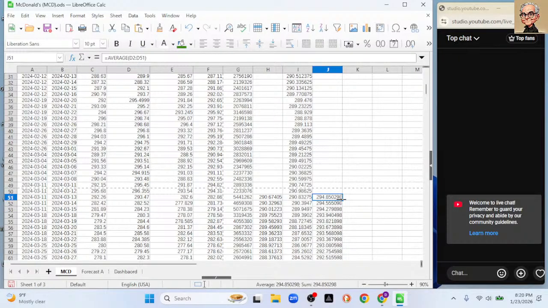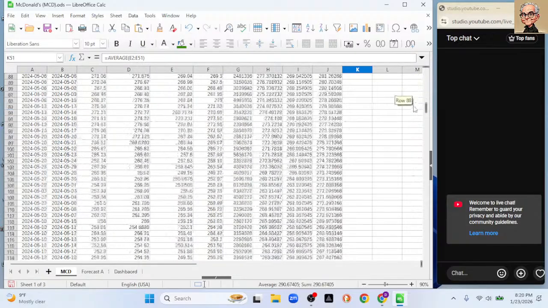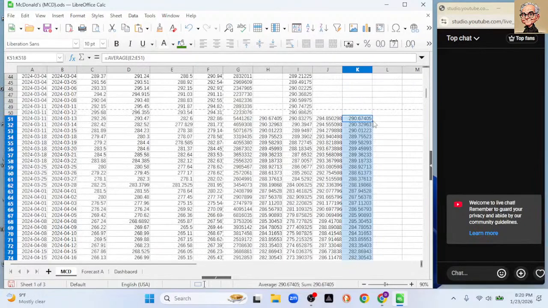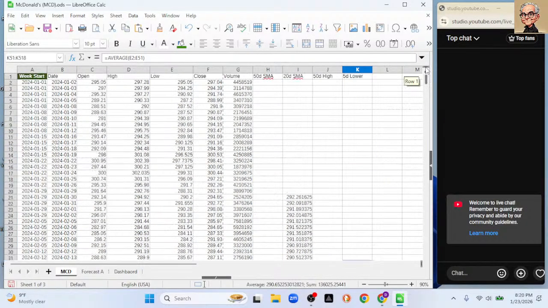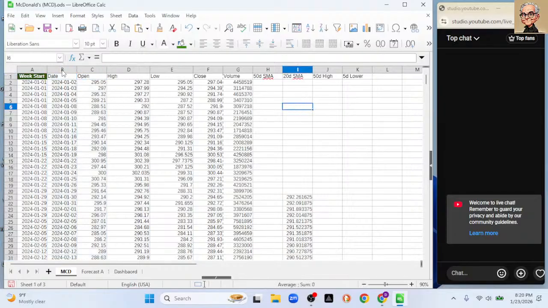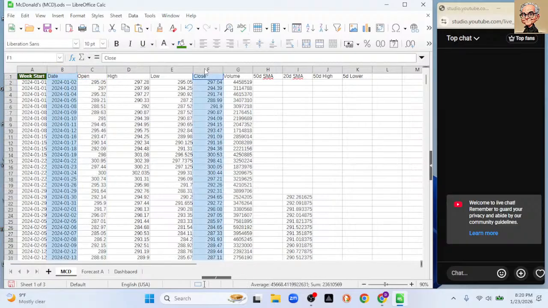Now all we got to do is drag this across, and this should give us the other number then, right, which is E. Yeah, so now we got that's not right, is it? Close. Let's see how this looks.